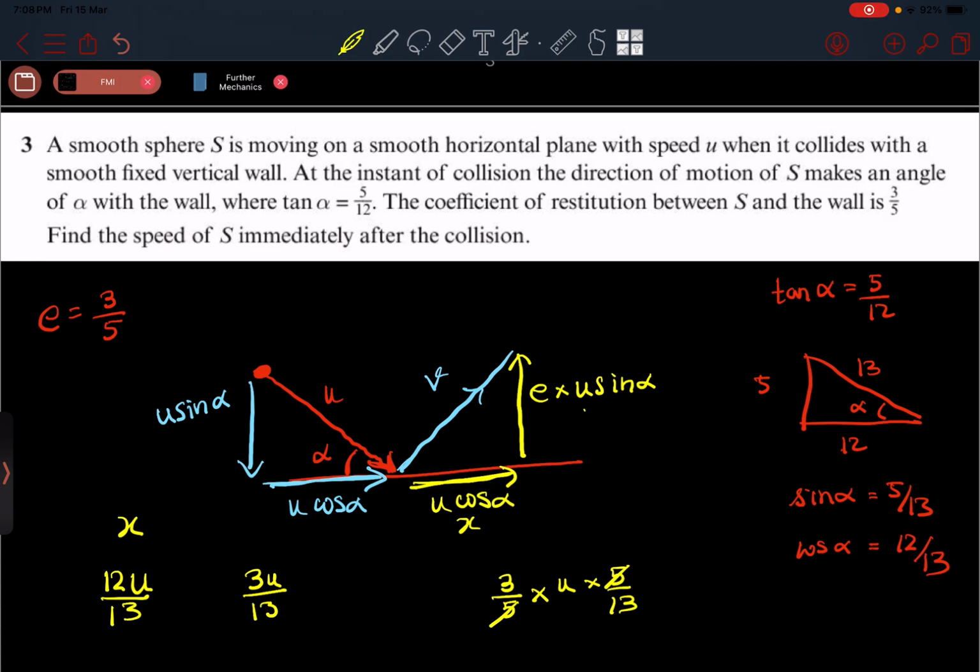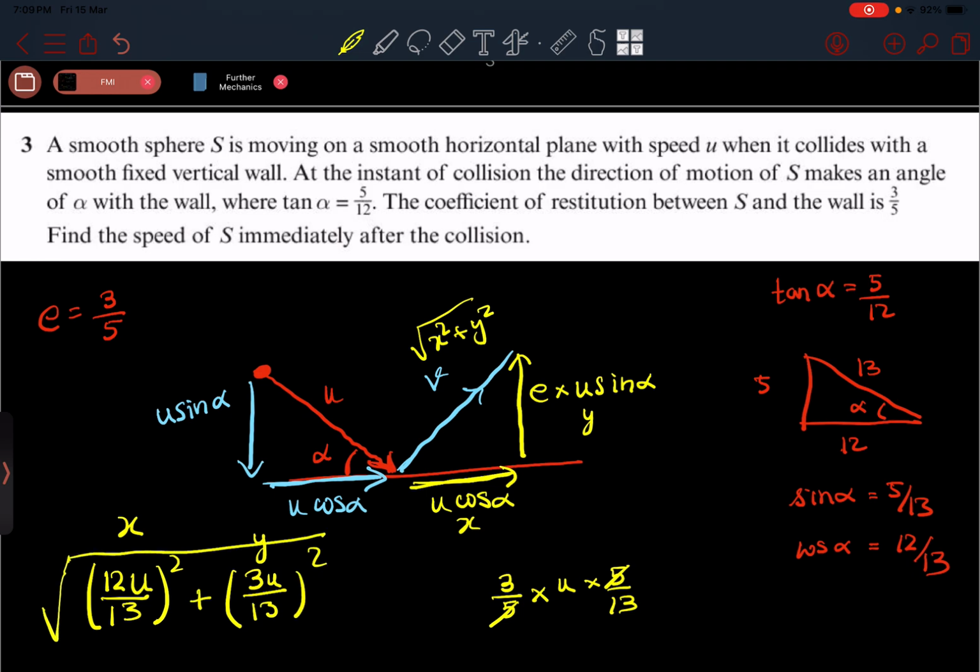So x is 12u over 13. The y component is 3u over 13. So to find what V is, it will be equal to the square root of x squared plus y squared. So let's square these, then we can add them, and then find the square root.